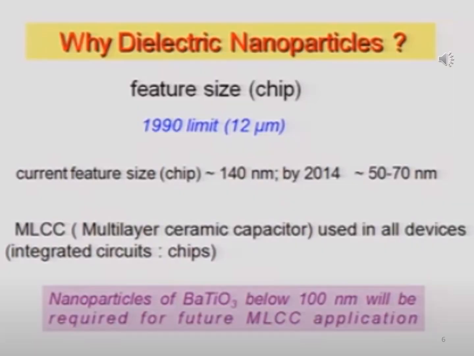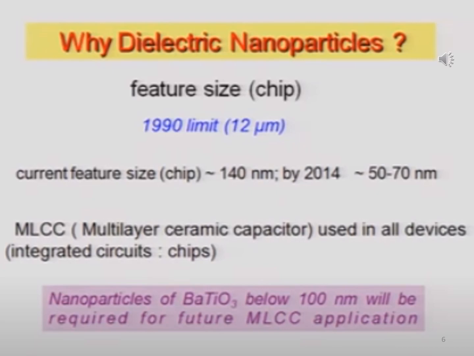So why dielectric nanomaterials, nanostructures or nanoparticles? Why do we consider them for dielectric properties? What kind of variations occur in the dielectric properties if we consider nanostructures instead of bulk materials or micron structures?